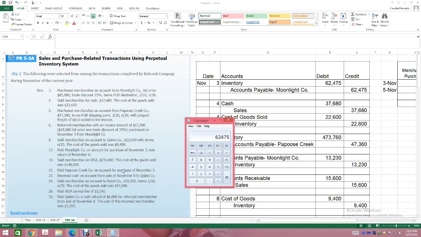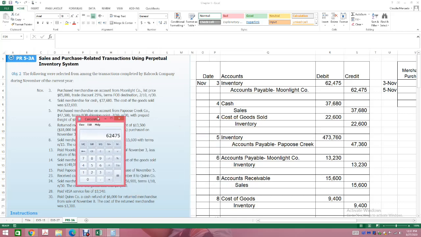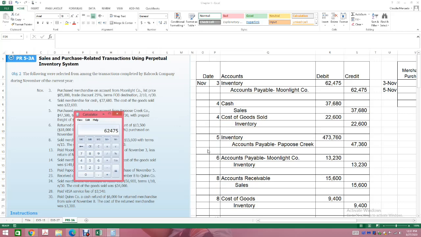Then what happened? You returned some merchandise. We returned merchandise on the 6th. How much did we record for the 6th? To our accounts payable, we recorded a debit of $13,230. Let me see what I did. 62,475 minus 13,230.